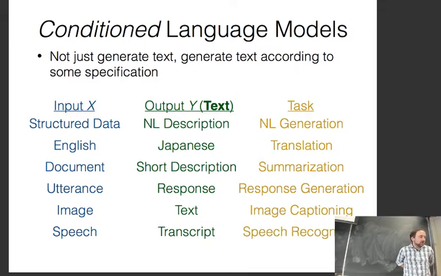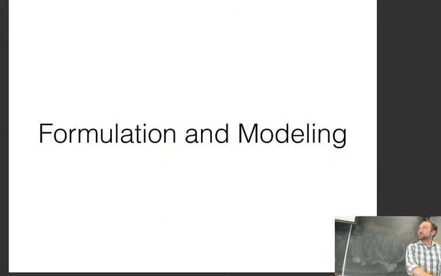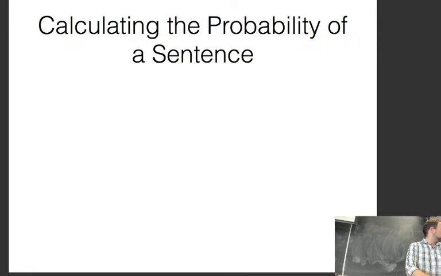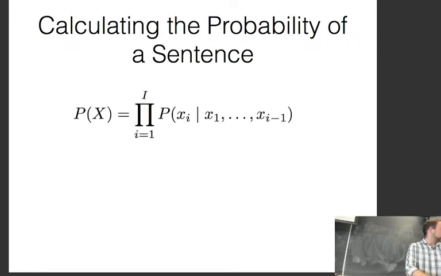You can see that a very large number of NLP tasks are basically taking in something and generating some sort of text on the output side. And so how do we model this? This is kind of review, but I'll be happy to take any questions that people had when they were reading the materials. The way we calculate a probability of a sentence normally in a language model is we have something that looks like this.